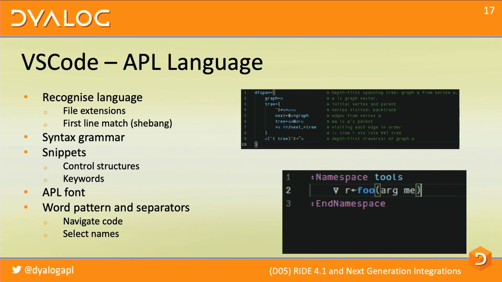And we now have APL syntax highlighting and recognition of APL words. If you have the APL font installed, it will automatically switch to the APL385 font when you open an APL file in VsCode.